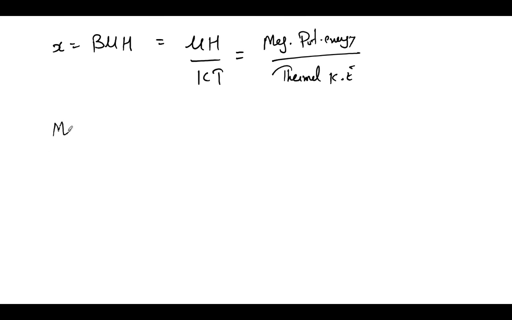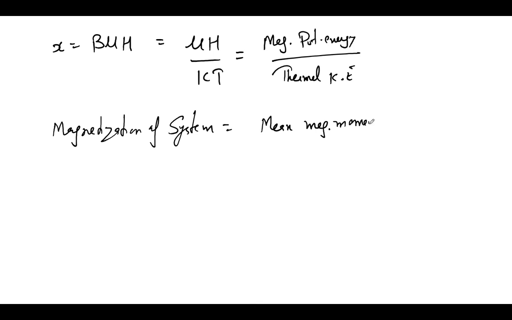So the magnetization of the system, we can write, is the mean magnetic moment of one dipole over unit volume. And if there are n dipoles per unit volume, then the mean magnetic moment, which we generally write as Mz, is n times mu z bar.